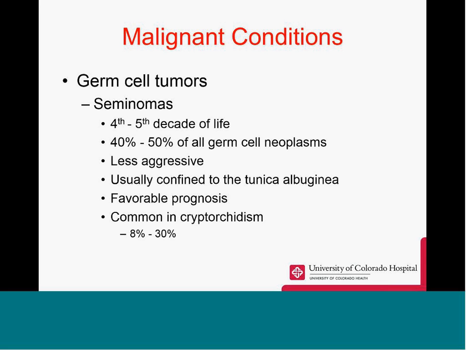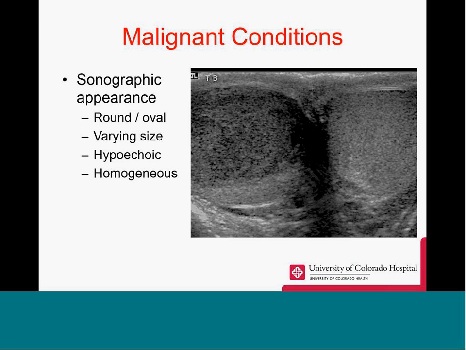This is a less aggressive tumor, usually confined to the tunica albuginea, with a favorable prognosis. Like I said earlier, this is a common cancer found in cryptorchidism, anywhere between 8 to 30%. And this is a common component of the mixed germ cell tumor, which would consist of more than 2 subtypes.